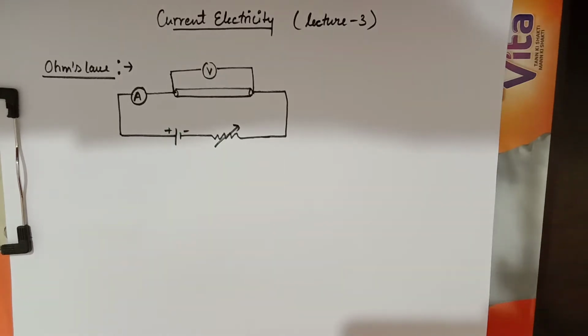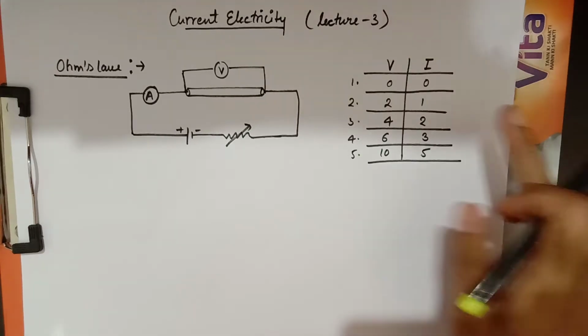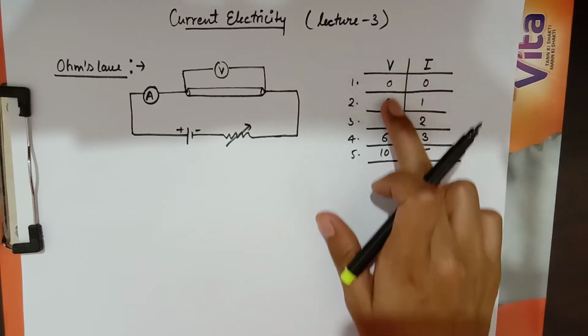For example, Ohm was a scientist and he saw that with the variation of V, I and V are in proportion. So Ohm observed that there is some pattern and saw that these two, V and I, are directly proportional to each other. I was in ampere and V was in volt.